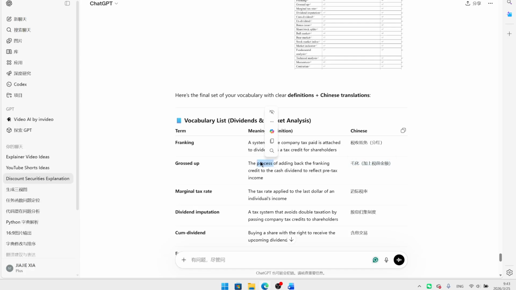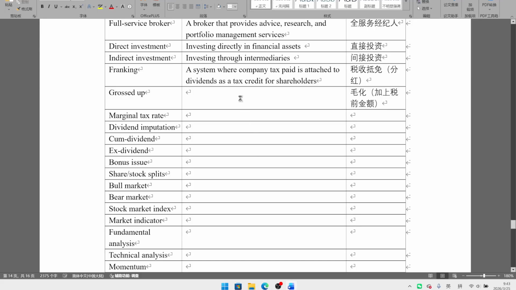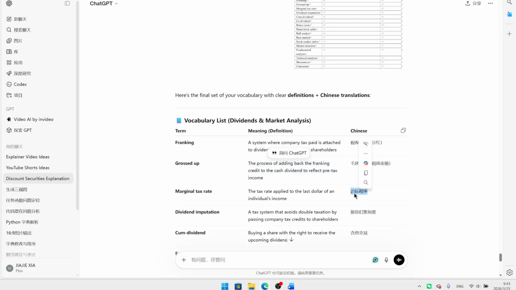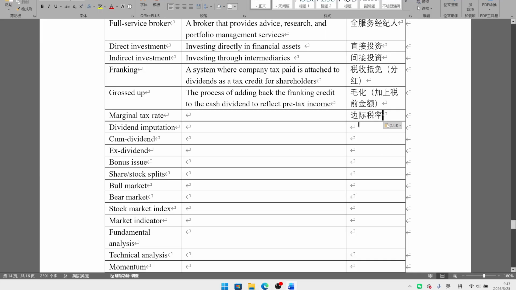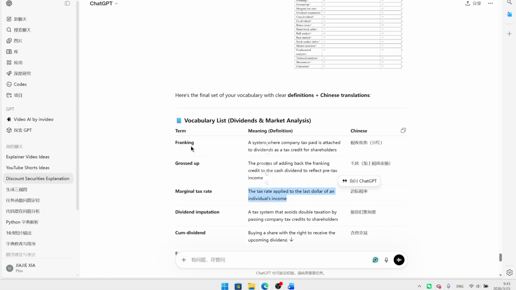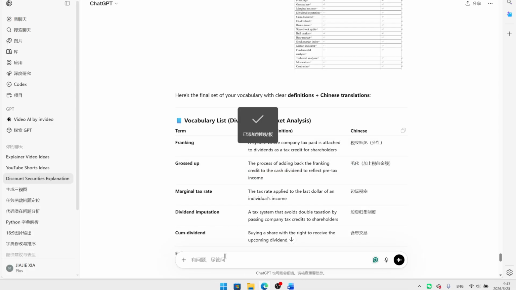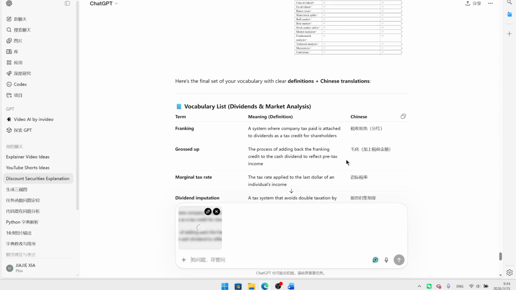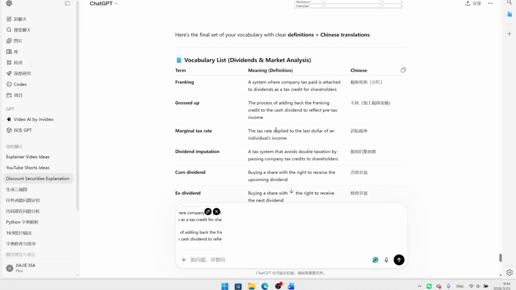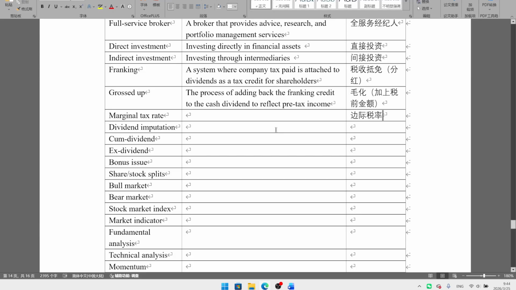Grossing up is the process of adding back the franking credit to the cash dividend to reflect pre-tax income. Marginal tax, I need a further explanation for this, is the tax applied to the last dollar of individual income.